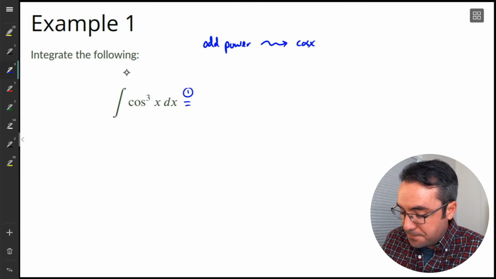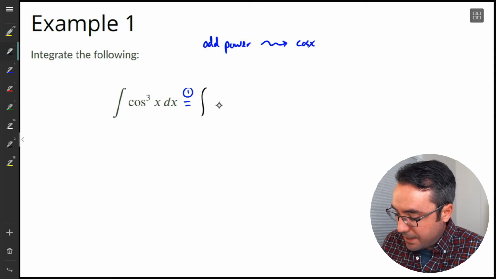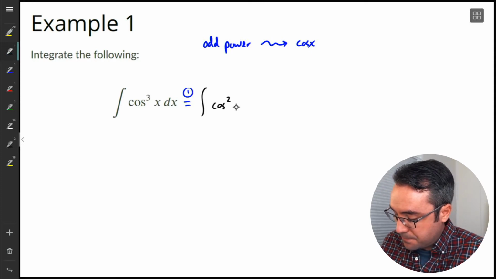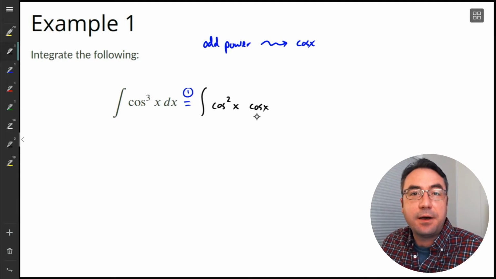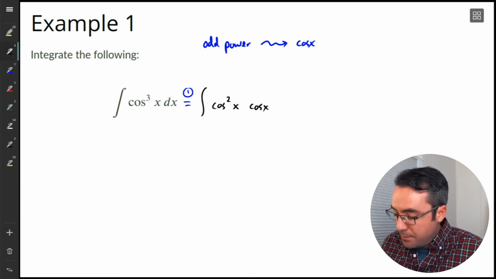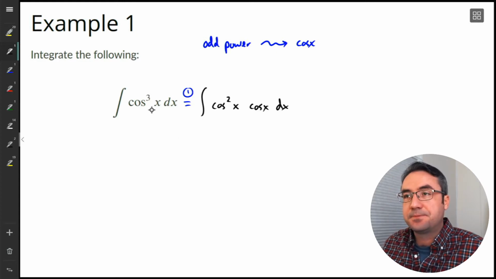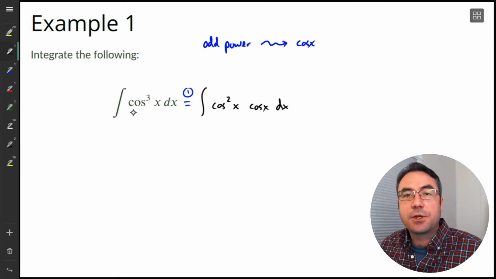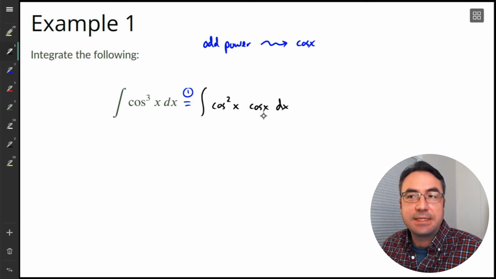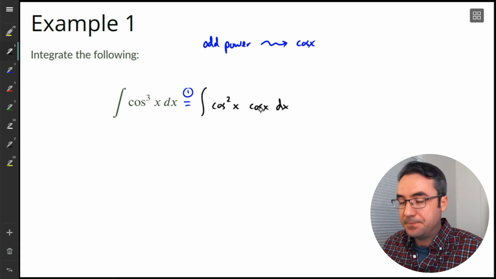We take our odd power and peel off one copy of that trig function, and move it next to the dx. Our odd power was cosine cubed, so we take one of those cosine terms, break it off, and put it next to the dx. That's step 1.